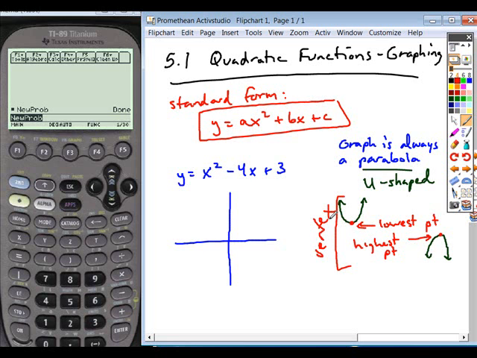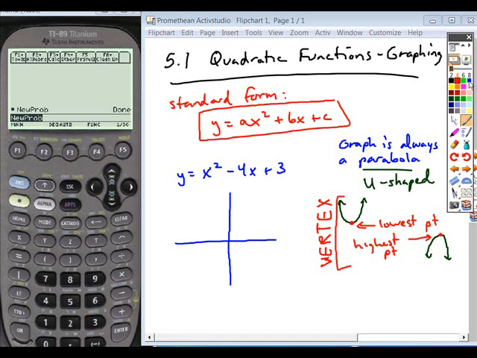Okay. So again, let me rewrite that. Okay, the vertex is the point where your graph changes from increasing to decreasing. Again, the easiest way to think of it, it's the lowest point of a U-shape opening up, and it's the highest point of a U-shape opening down.